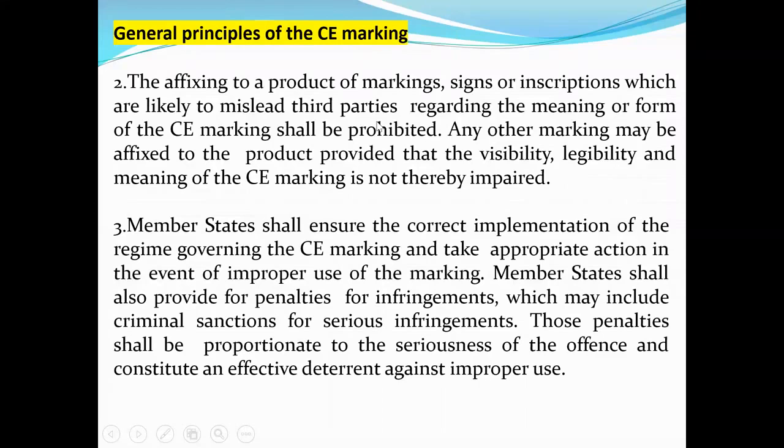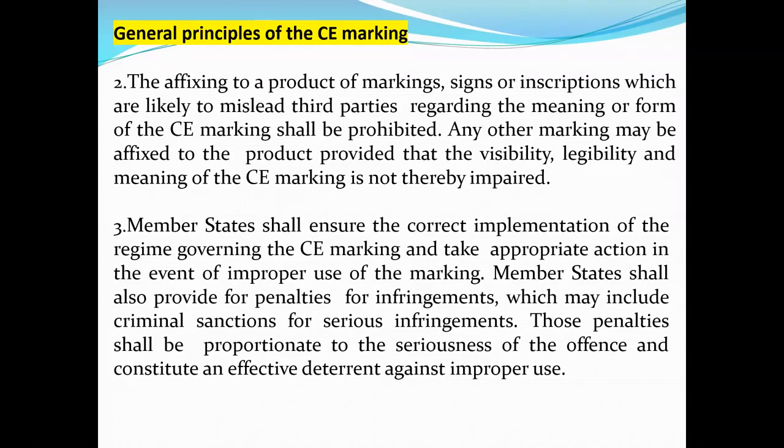Let us see what are the general principles of the CE marking. The affixing to a product of markings, signs or inscriptions which are likely to mislead third parties regarding the meaning or form of the CE marking shall be prohibited. Any other marking may be affixed to the product provided that the visibility, legibility and meaning of the CE marking is not thereby impaired.